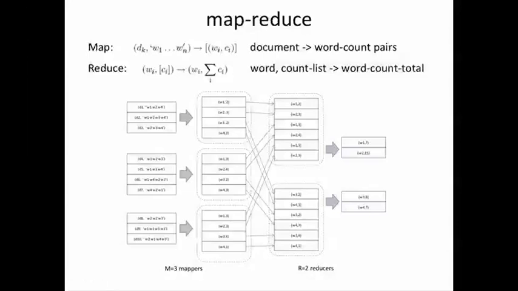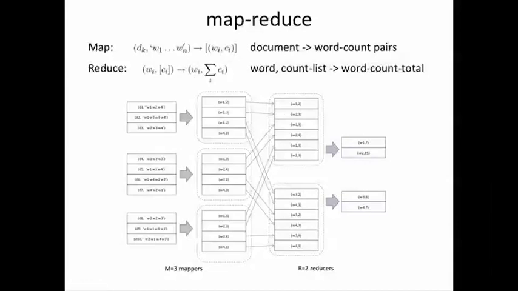The second part of our problem definition is the reduce phase, in which a list of key value pairs corresponding to the same key, in this case the word, is reduced or compressed or combined into one key value pair for that particular key.